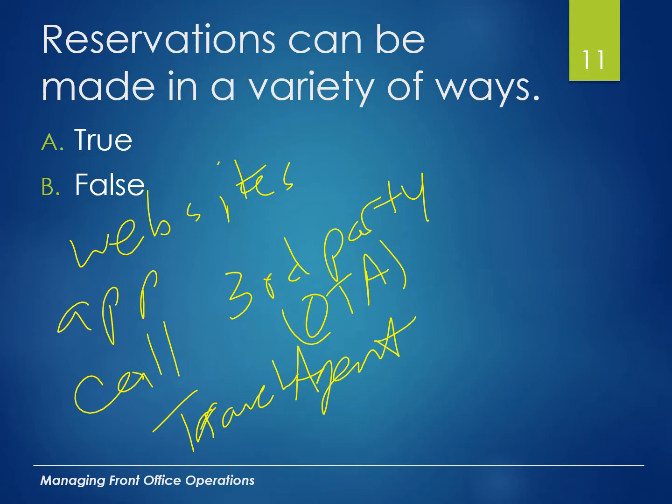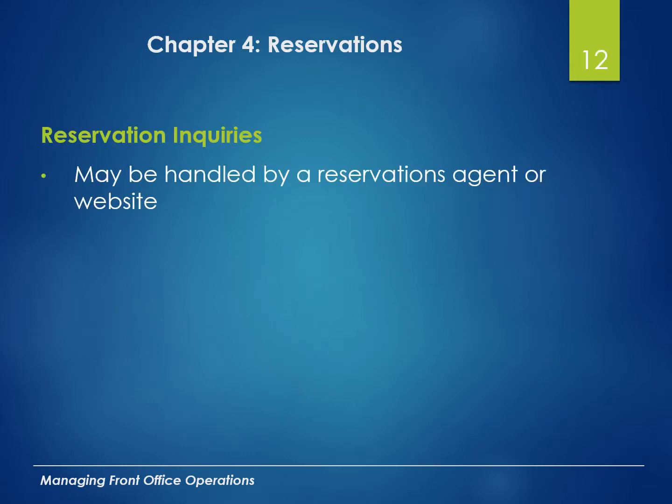Our travel agents, we can use a corporate planner, which is kind of like a travel agent, but they work specifically for a corporation, for a business. So there's lots of different ways that we can make these reservations.